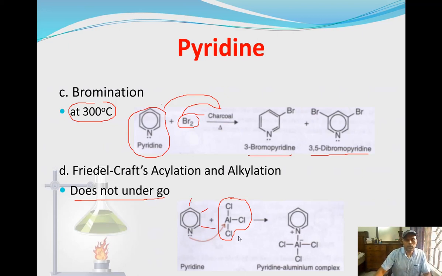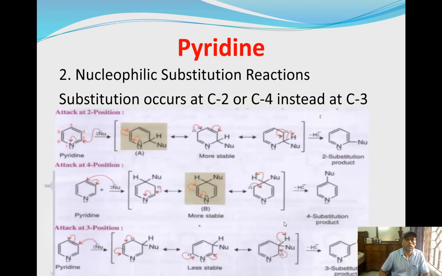Instead it is going to attack the nitrogen, not the carbon, so it is not a substitution reaction. That's why Friedel-Crafts acylation or alkylation is not going to take place for pyridine. A different product is going to form, a pyridine-aluminum trichloride complex. So that is about Friedel-Crafts acylation and alkylation.